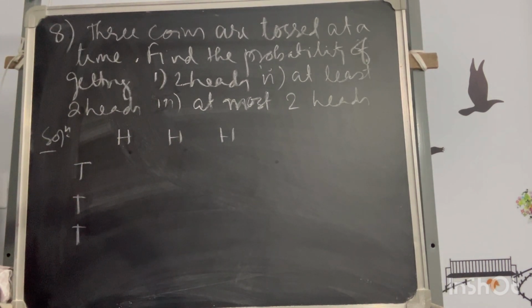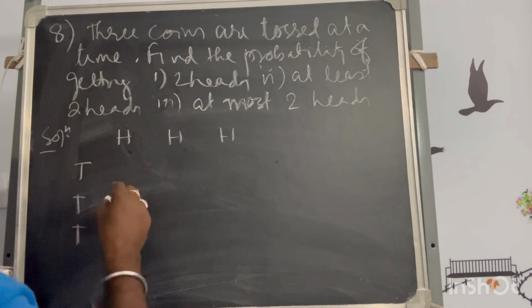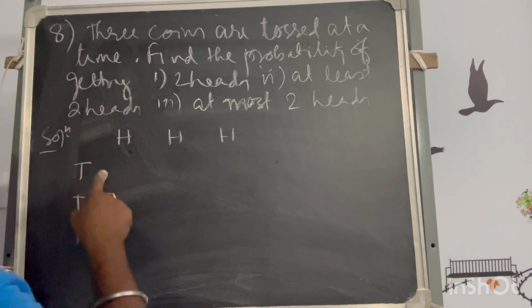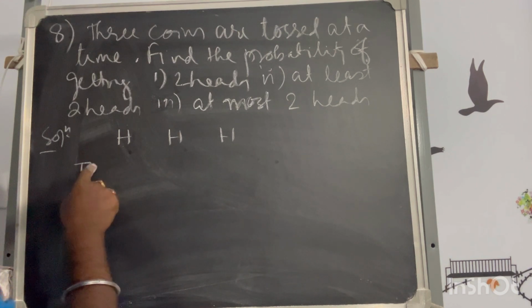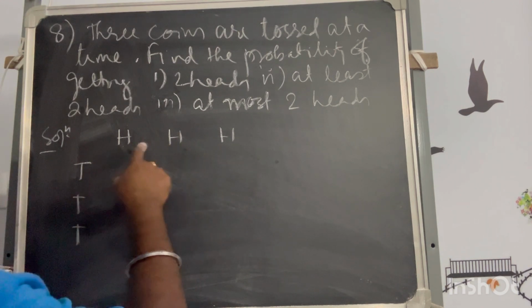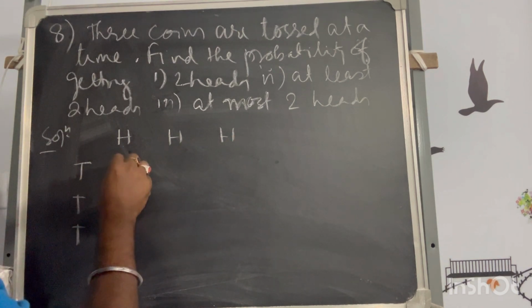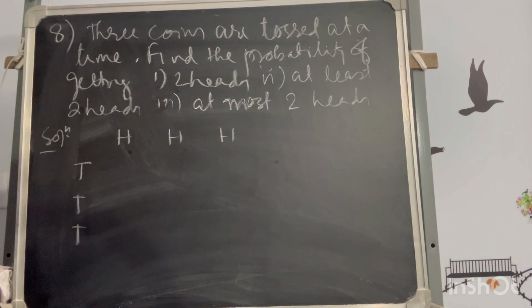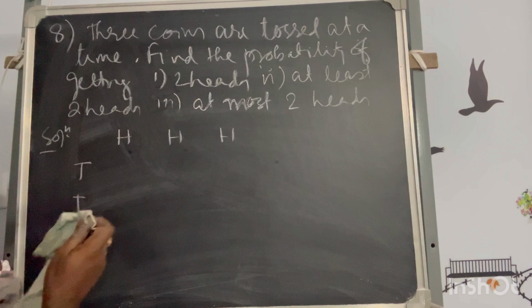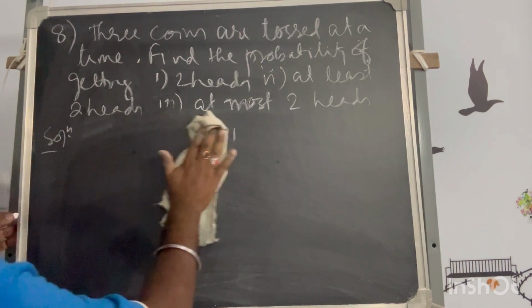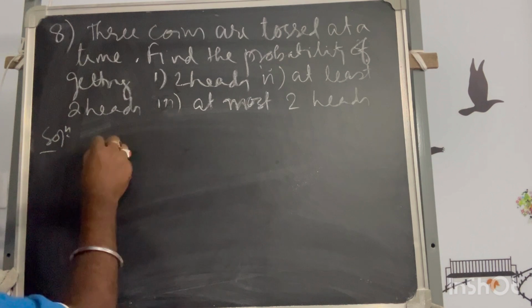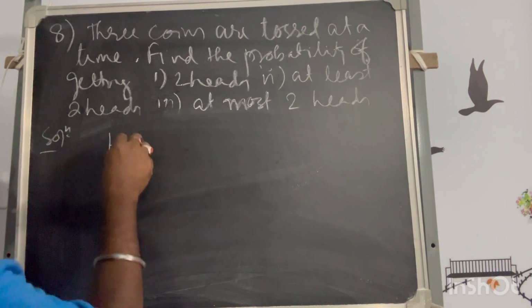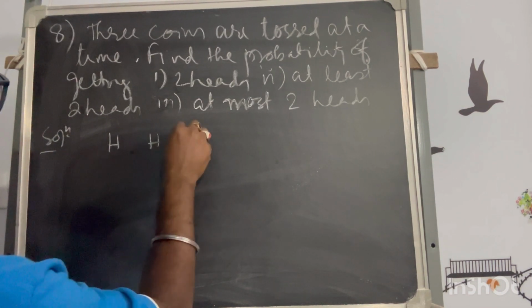The combination could be the way the three can be possible, meaning the tail can go with these three coins. Let's see, we go for the options first. The first option: first coin head, second head, third head.